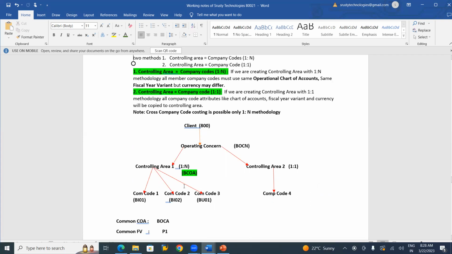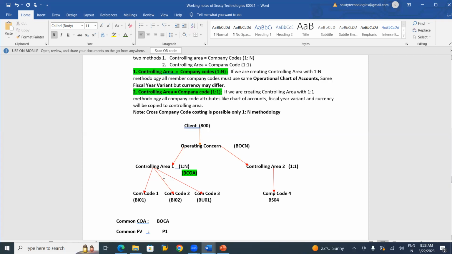For example, I have 4 different company codes. One is in Singapore, and one is in Europe, Switzerland. This is my Switzerland company code.